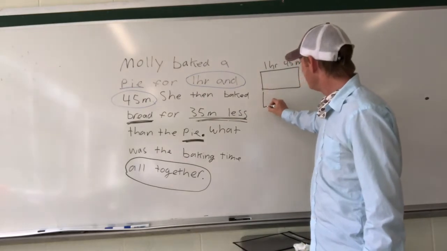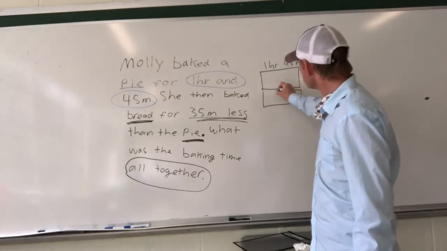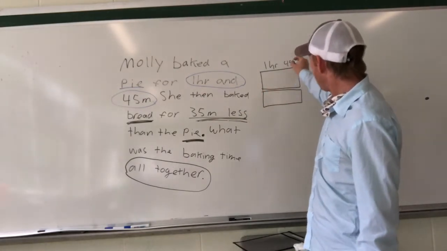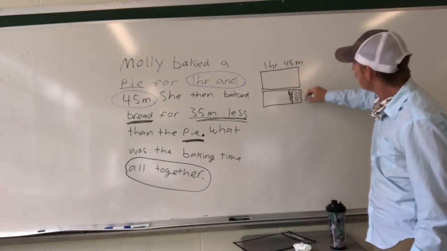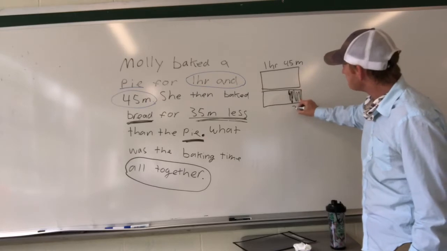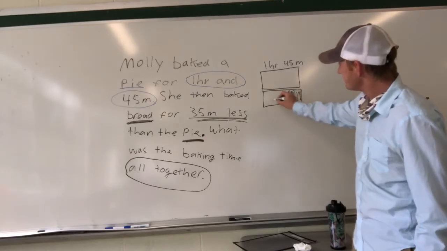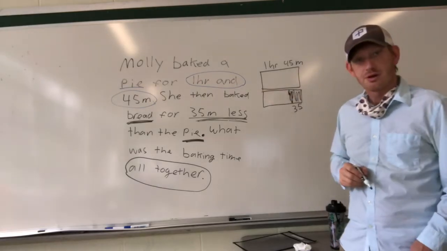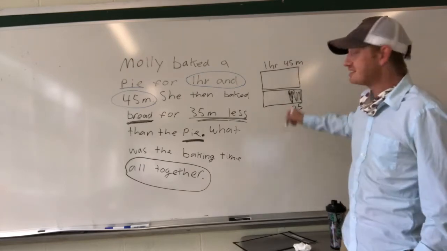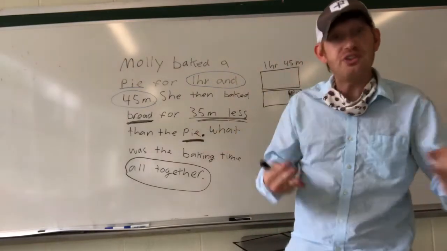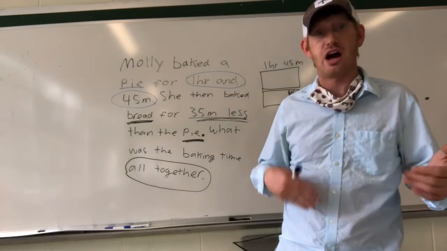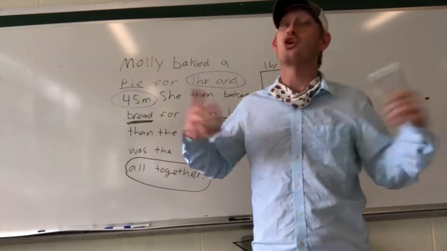So the bread is the 1 hour and 45 minutes minus 35 minutes. So now we need to figure out what this is mathematically. I'm going to erase the board here, put the important information back on, and then we're going to solve it.